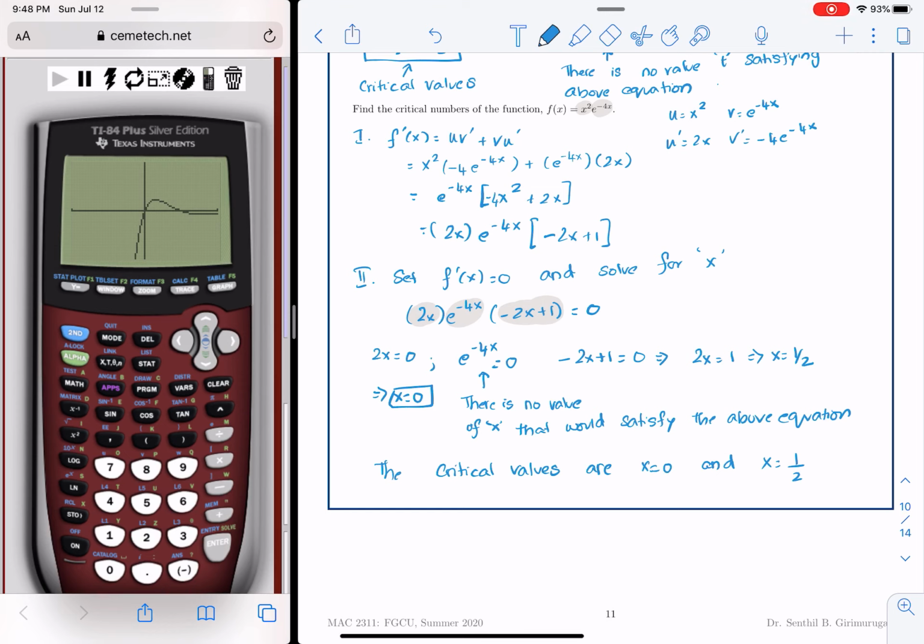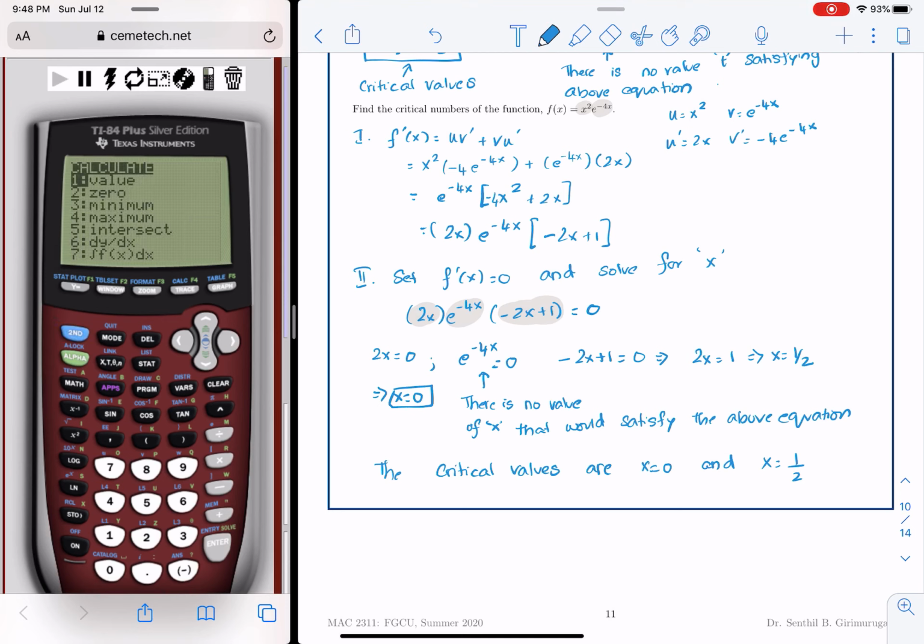I could find those zeros by doing second trace, going to the left of the first 0 and then to the right. Enter. I get 0 as the first 0, and I repeat the same process.